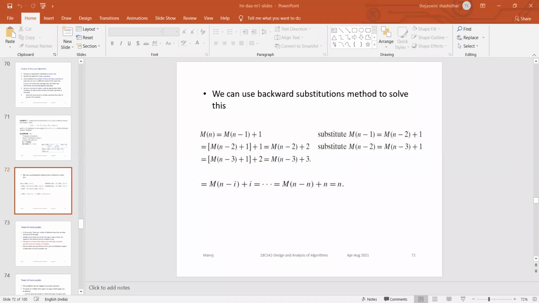What is the order of growth for fact? Yes, tell me what is the order of the growth for fact, so that I can start with the next example.